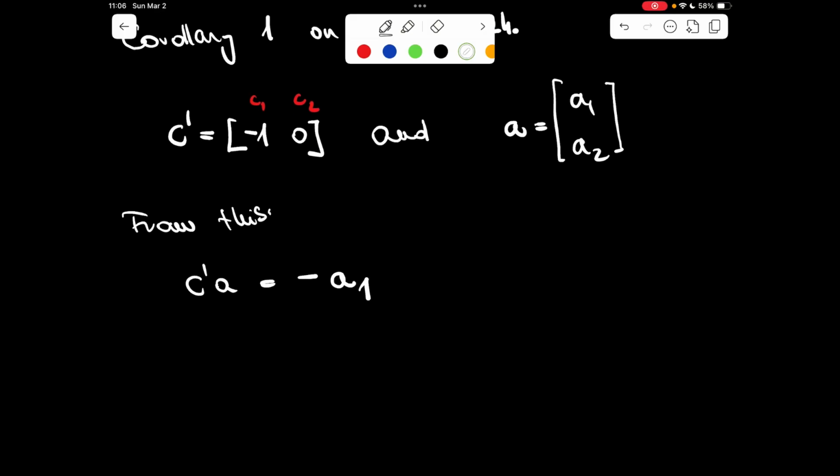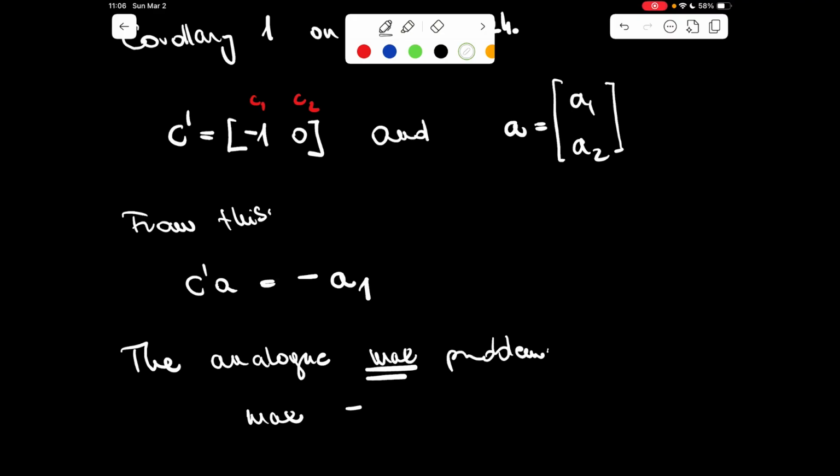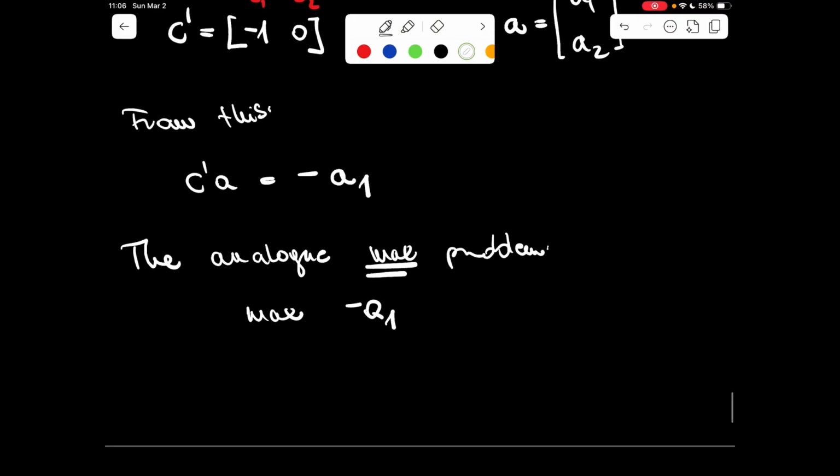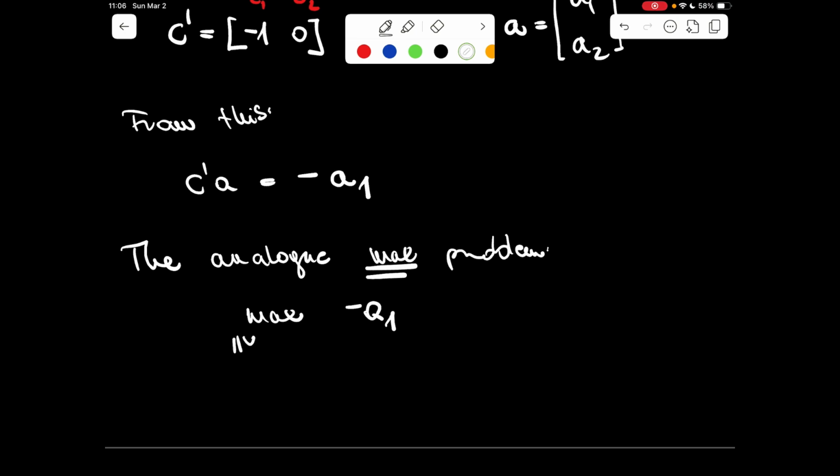So the maximum problem, the analog maximum problem, is maximizing minus A1, supposing that the norm of this function is not higher than 1.